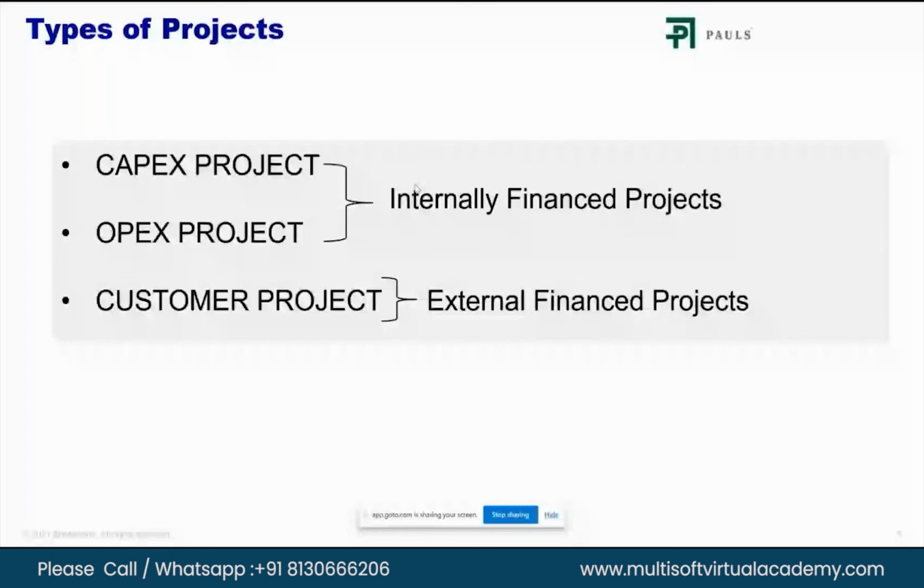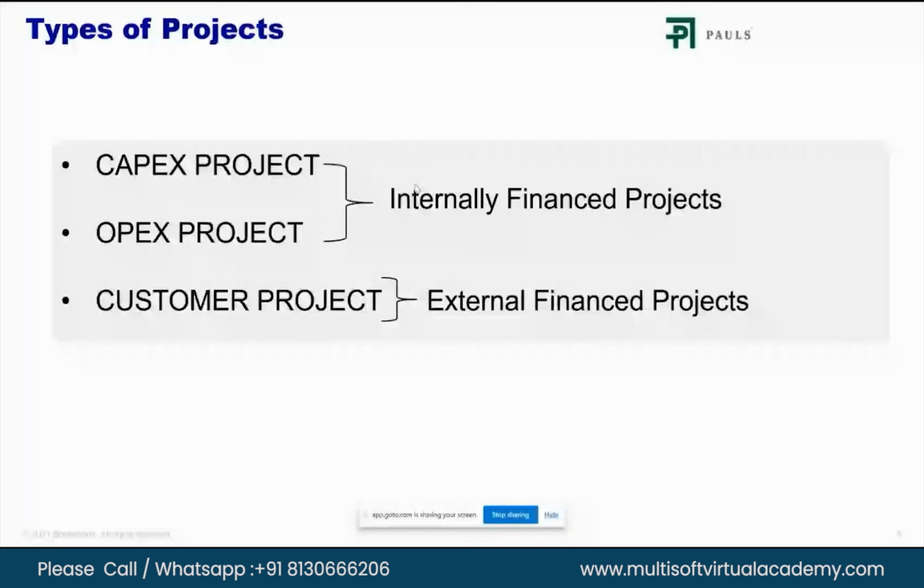One more example of a customer project would be, say, Britannia, having its plant and exporting several items of its own, biscuits and whatsoever they produce. That would also be a customer project because they'll be mapping revenue of their products.